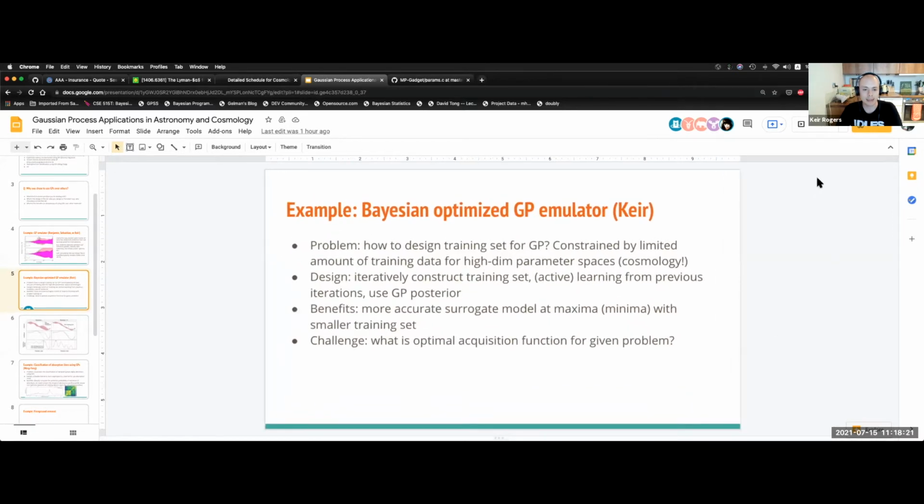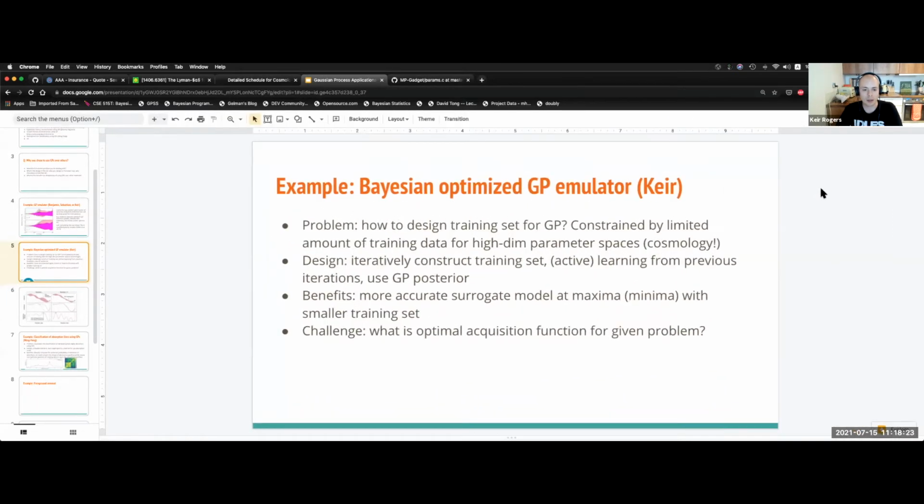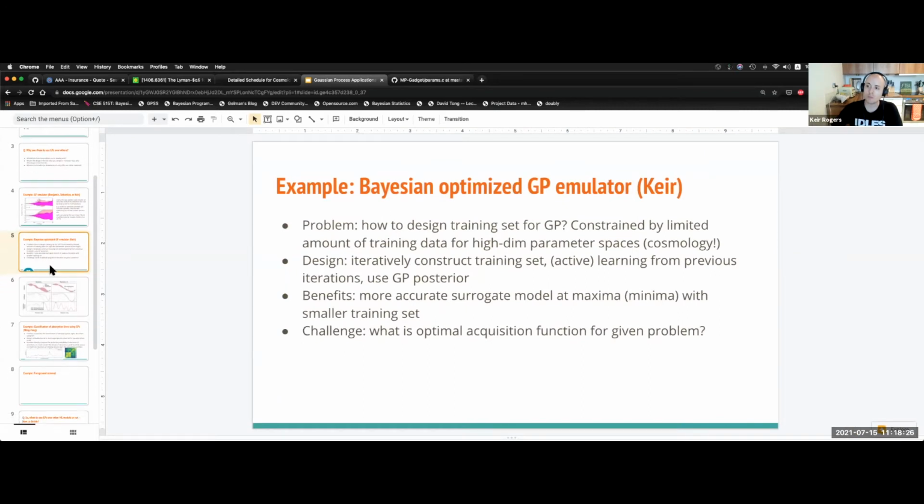It tackles the problem of how to design the training set for the Gaussian process regressor, in particular considering the limit where we have a limited amount of training data in a high dimensional parameter space. In cosmology, that's often the limit we're in, where the simulations that we're trying to emulate are very computationally expensive, but we have lots of cosmological parameters and also lots of nuisance parameters that we need to marginalize.